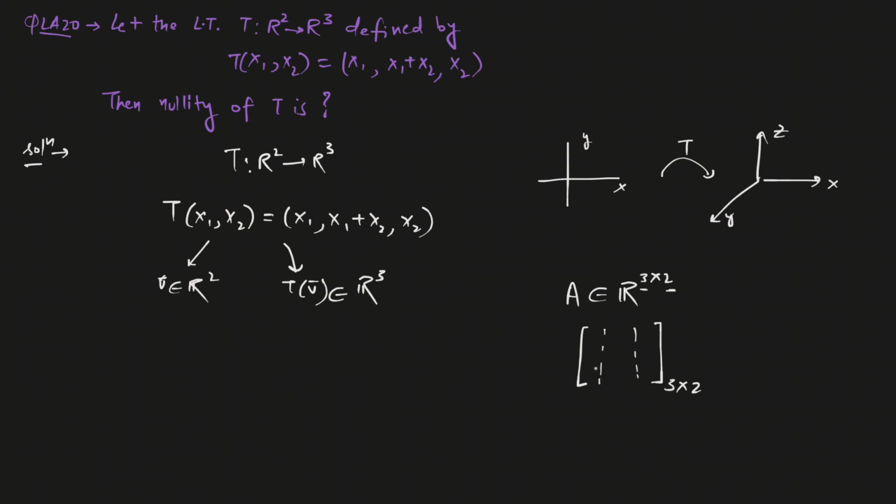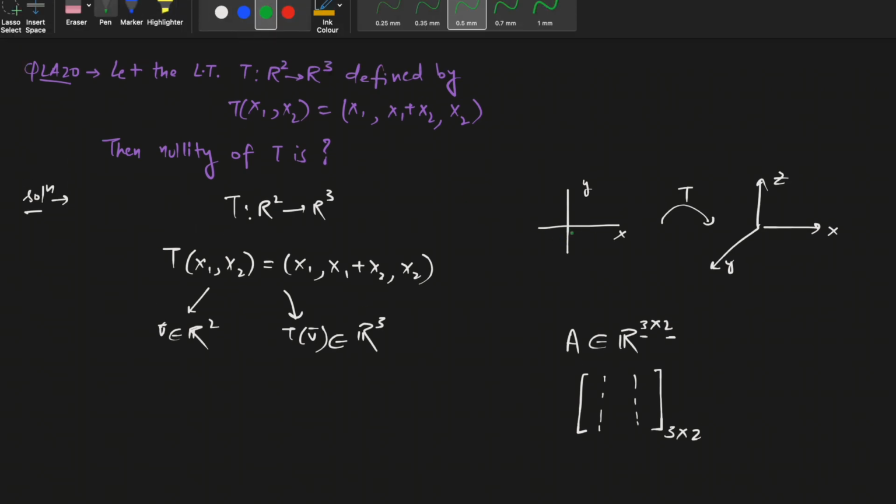Now, because in this question we are not given any basis set, we can take the standard basis set. The standard basis set for R2 is i hat and j hat.